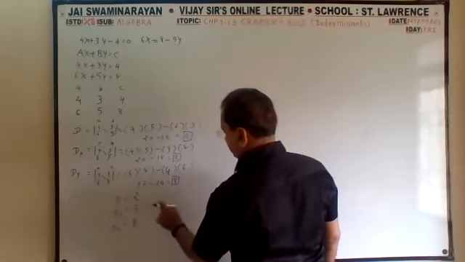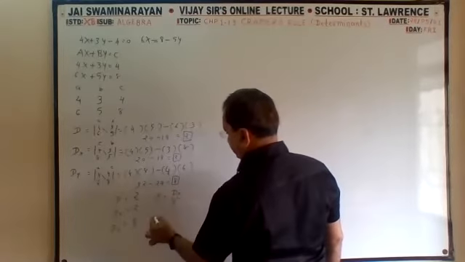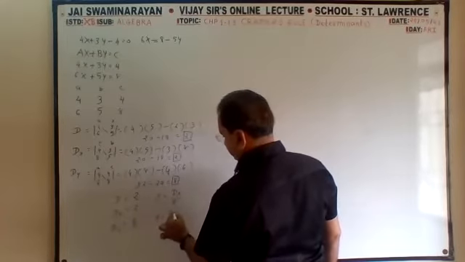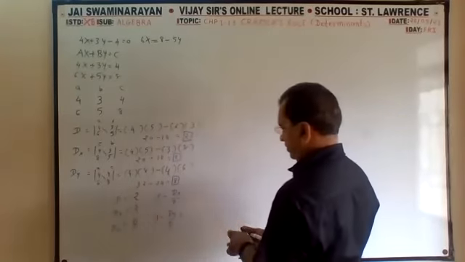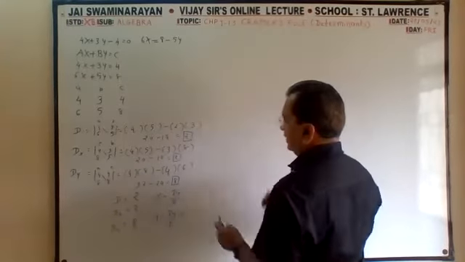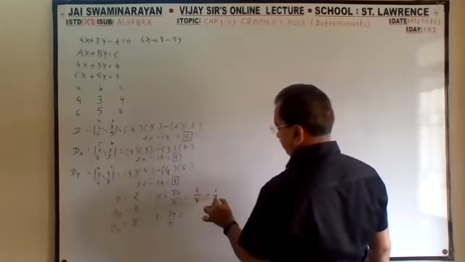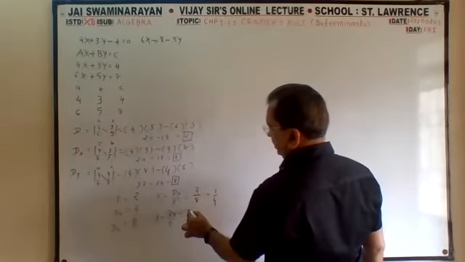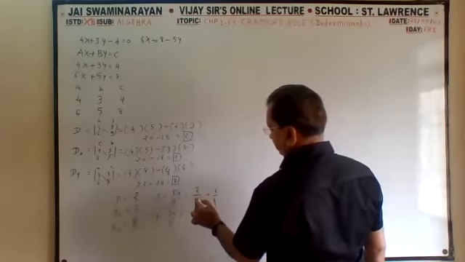Now x is equal to Dx by D, y is equal to Dy by D. Dx by D is 2 by 8, so 1 by 4. Dx is 2 by D, sorry, 2.